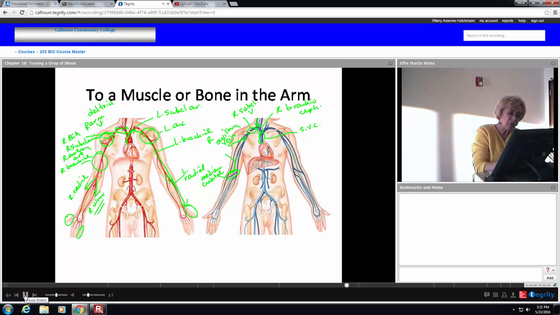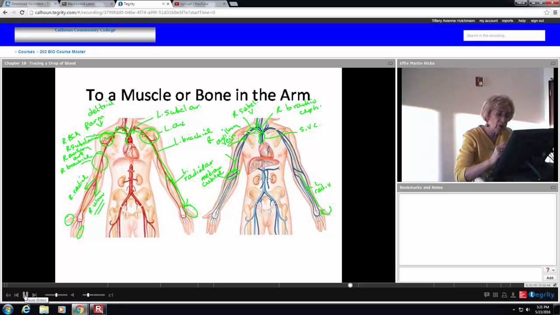When you get to the thumb then, from the left radial artery, you're going to go into the arterioles, capillary venules of the thumb, and now you're back over here on this side. So switch over here. The venules come back. You stay on your thumb side. You're going to go back up the radial vein, the left radial vein.